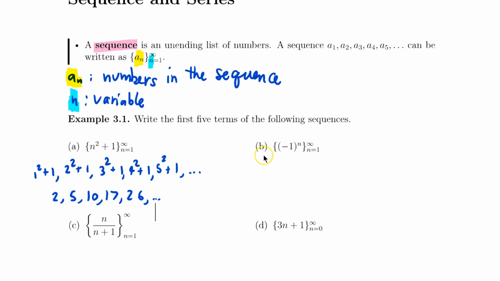Let's take a look at the next one. I have negative 1 to the n, where n goes from 1 to infinity. So n goes from 1, 2, 3, 4, 5, and forever. So if my n is equal to 1, that's going to be negative 1 to the 1, negative 1 to the 2, negative 1 to the 3, negative 1 to the 4, and then negative 1 to the 5, and so on.